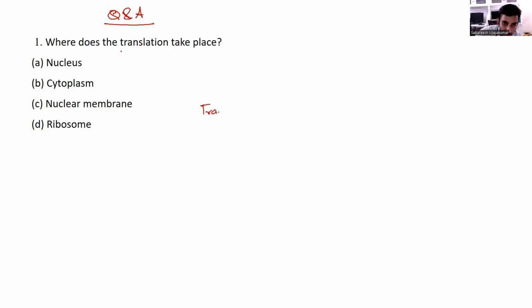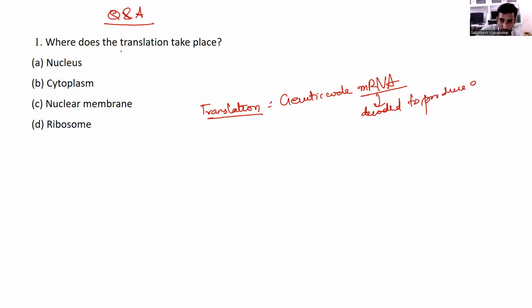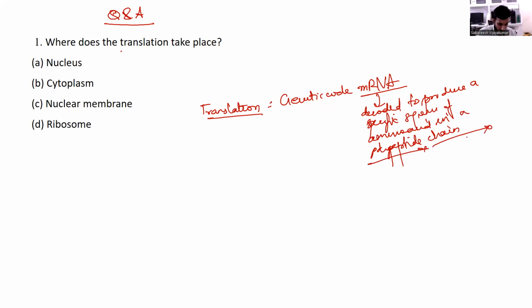Please note here, translation is a process by which the genetic code contained in the messenger RNA, or the mRNA, is getting decoded to produce a specific sequence of amino acids in a polypeptide chain.